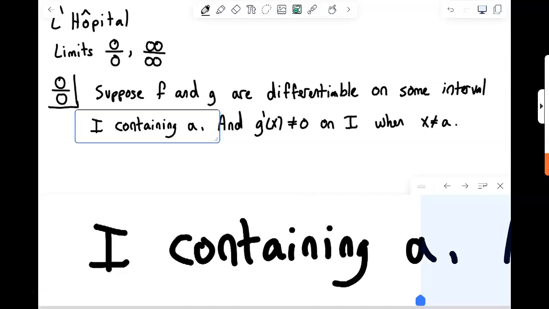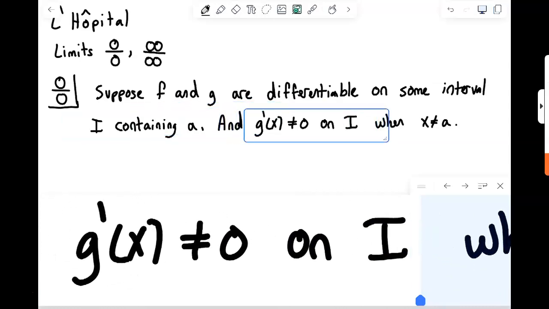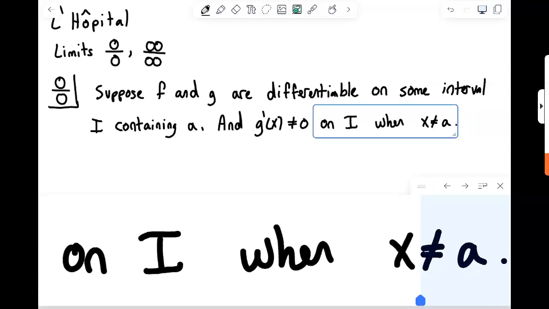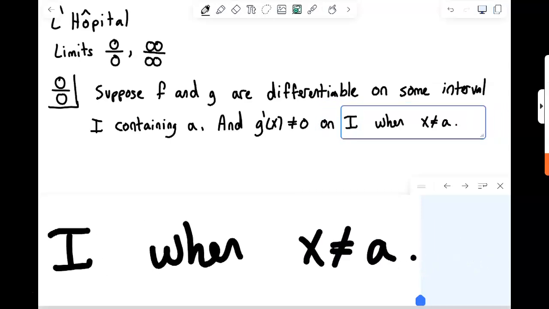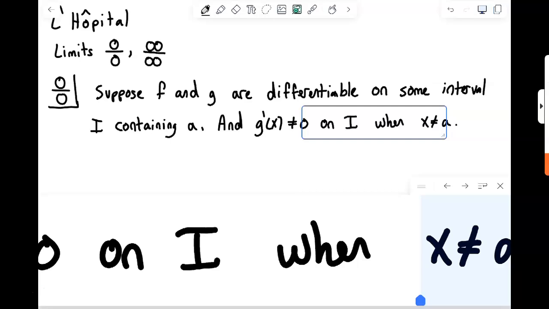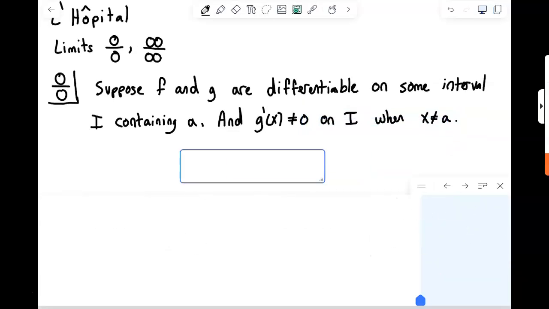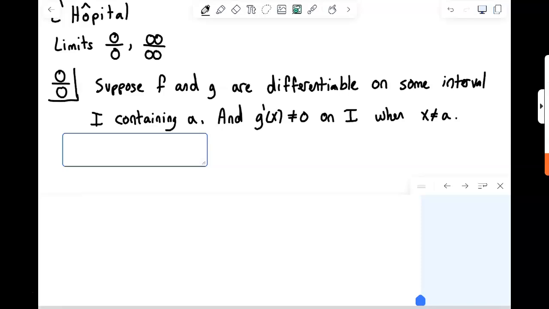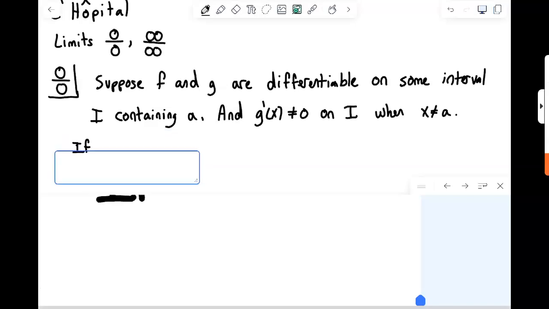As long as we can squeeze I in, it's okay if it's 0 other places, as long as there's at least some neighborhood about the point a where it is not 0 anywhere else. Then we say the following. Now this is very important: if this condition is not met, then the conclusion doesn't work. That's one of the common mistakes people make with L'Hopital's rule, they'll just try to do it anytime. This first thing has to be true for the conclusion to be true.